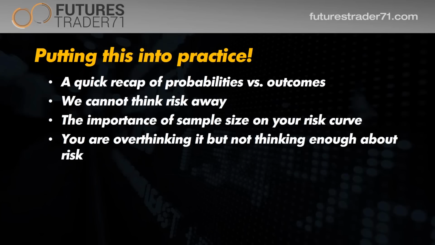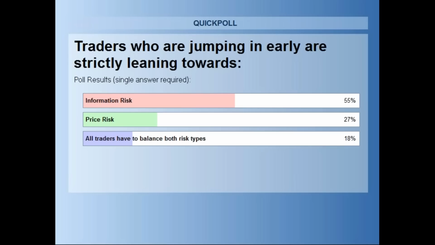And then the last question is a trick question. Also 77% voted. The last question says, traders who are jumping in early are strictly leaning towards information risk, price risk, or all traders have to balance both risk types. The answer is all traders have to balance both risk types.